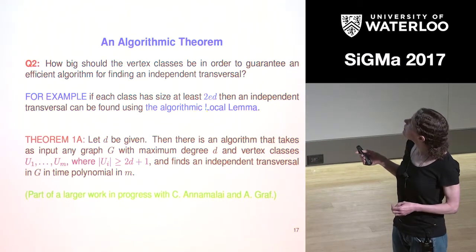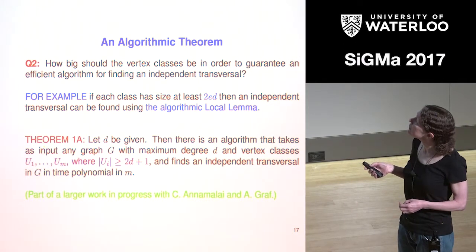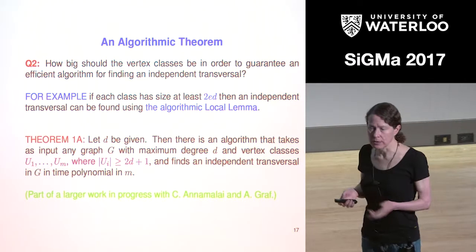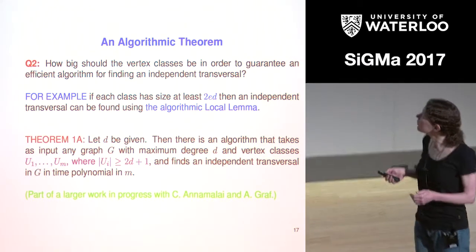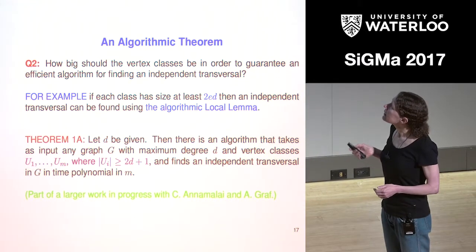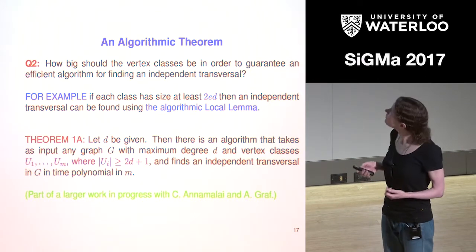But maybe you would like to do better than that, and there is a sense in which we can do better than that. I will tell you this theorem. This is not the most general theorem I can tell you here, but it's the easiest to state. It says, let D be given. So we're thinking of D now as being a fixed constant.